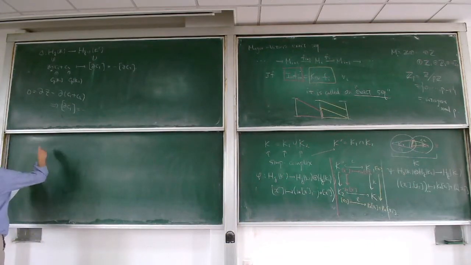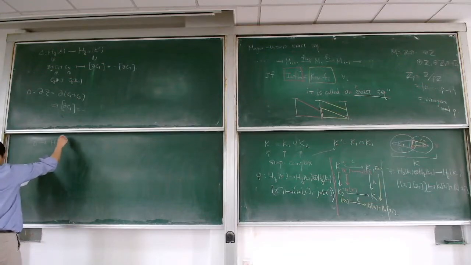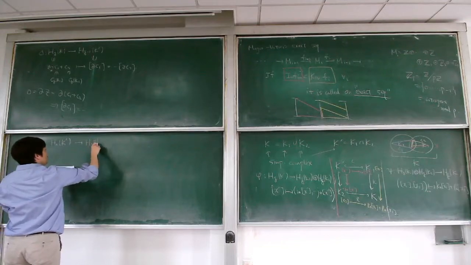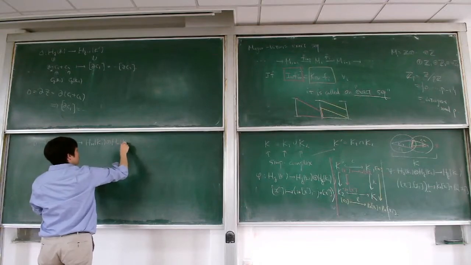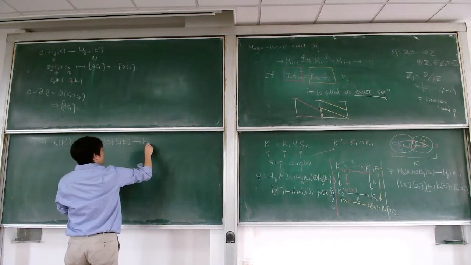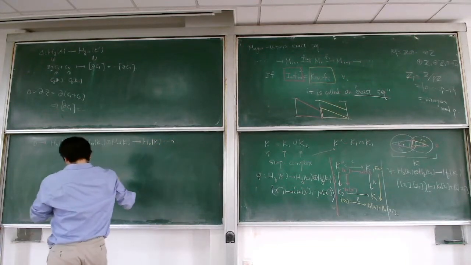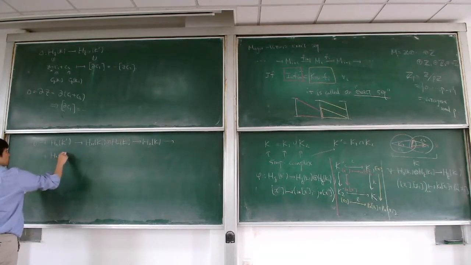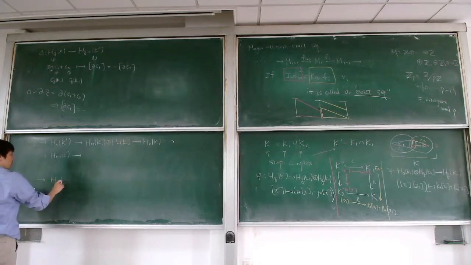So let's start with 0, H_n(K prime), H_n(K1) plus H_n(K2), H_n(K), and so on. And in the middle we have this one.